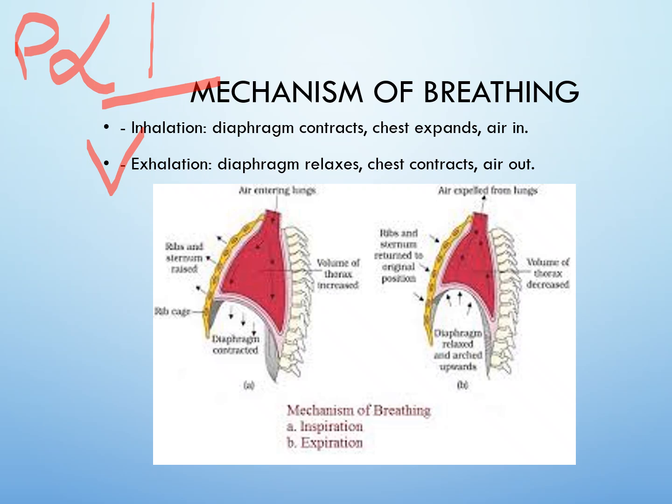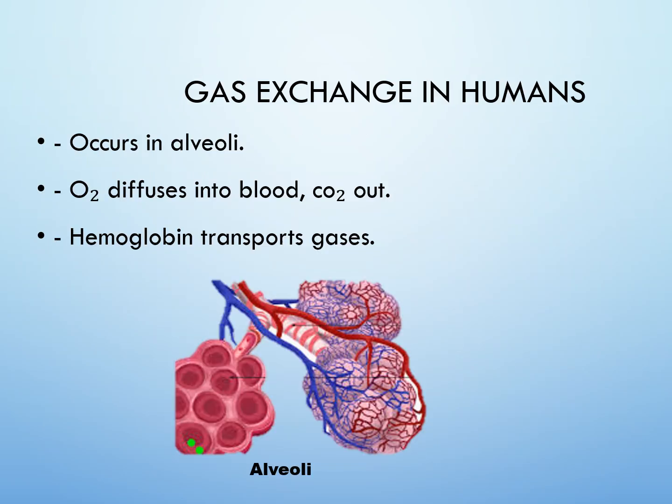So during inhalation, I want you all to take a long breath. And then you will notice, when you inhale, what will happen? When you inhale, the diaphragm will go down and your chest cavity will come a little ahead.